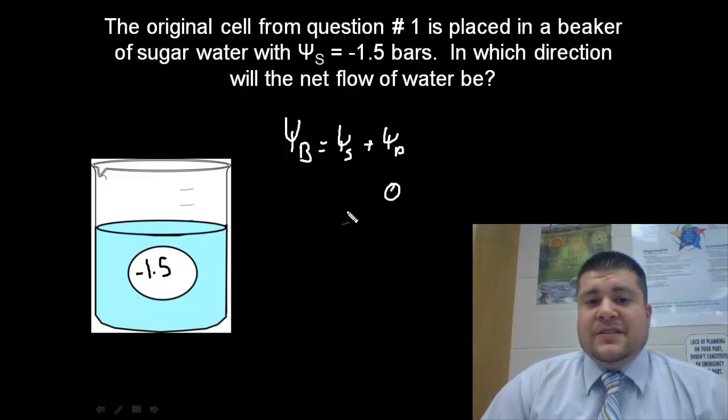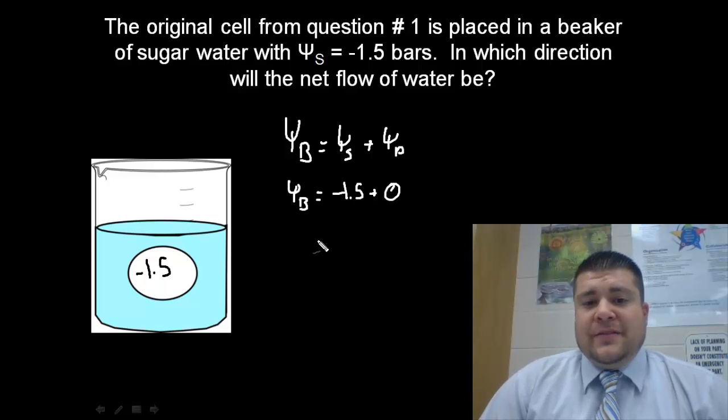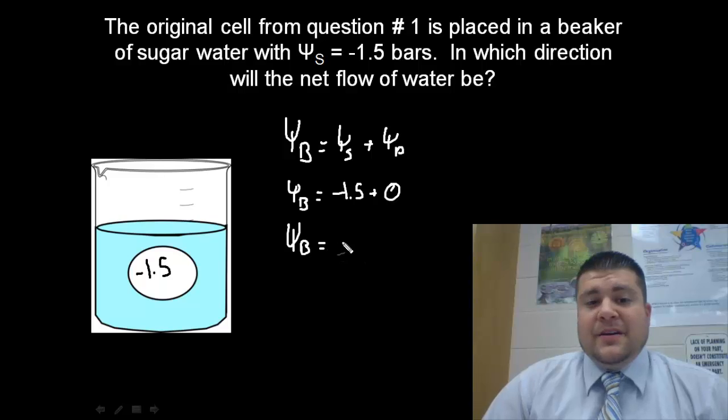The pressure is going to be 0, and we already know the psi s from the information above is negative 1.5. So negative 1.5 plus 0, the psi b inside the beaker is going to be negative 1.5.